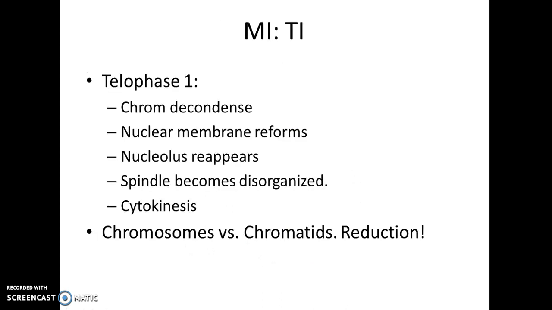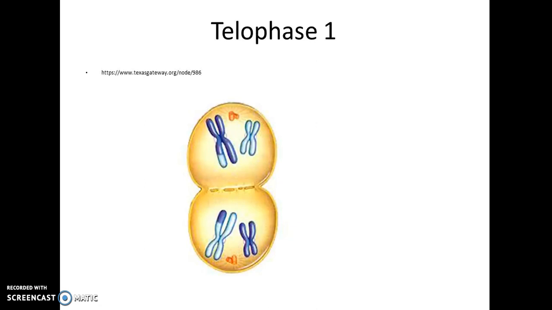In telophase 1, the chromosomes decondense, the nuclear membrane reforms, the nucleus reappears, the spindle fibers become disorganized, and we have cytokinesis. So again, the chromosomes still have 2 chromatids, but the chromosome number has been halved in each of the cells. And here's a picture. We have 2 chromosomes here, 2 chromosomes there.